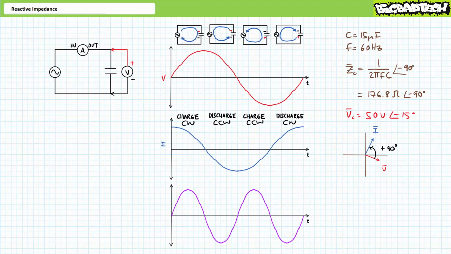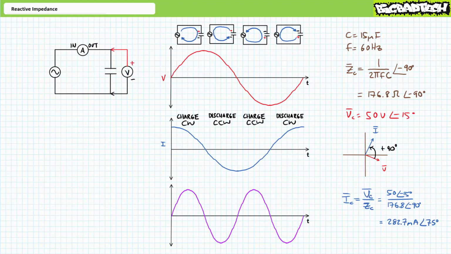Current should therefore have a phase shift of 90 minus 15 degrees or positive 75 degrees. An application of AC Ohm's law, solving for current, where current is voltage over impedance, demonstrates we should anticipate this capacitor will draw roughly 282.7 milliamperes at an angle of positive 75 degrees, consistent with our expectations.